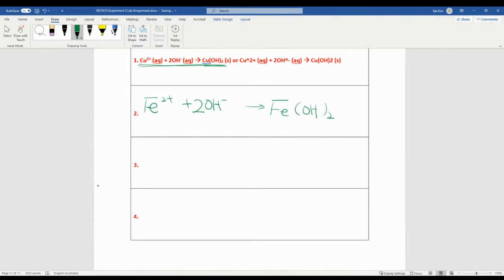So based on the table, you started with Ag plus, which is aqueous, plus copper metal, which is a solid. And I said it's a redox equation. I just gave you a clue of what was happening because you could not attend the lab. And next one, it should be pretty much the same process.